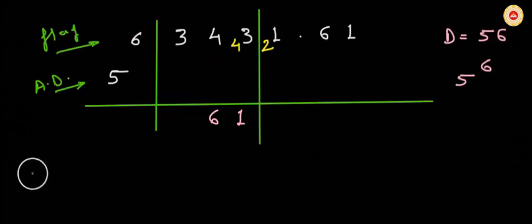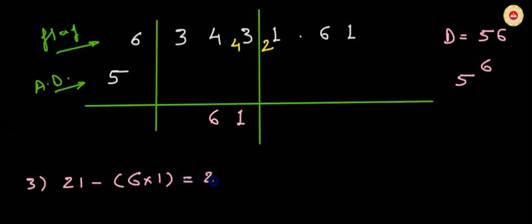Step number 3. Gross dividend 21 minus the product of flag digit and recent quotient digit. Now this second quotient digit 1 will become the recent quotient digit. So 6 multiplied by 1 is 6, and 21 minus 6 is 15. 15 is the net dividend.